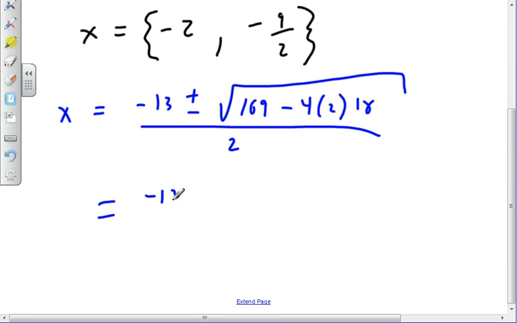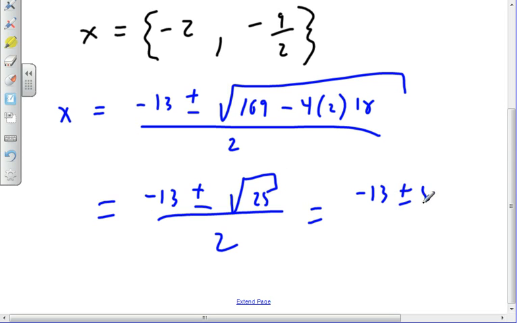Minus 13 plus or minus the square root of 169 minus 8 times 18. That's the square root of 25 over 2. So I got minus 13 plus or minus 5 over 2. Wow, how can I be that hosed? Oh my gosh, that is really bad.